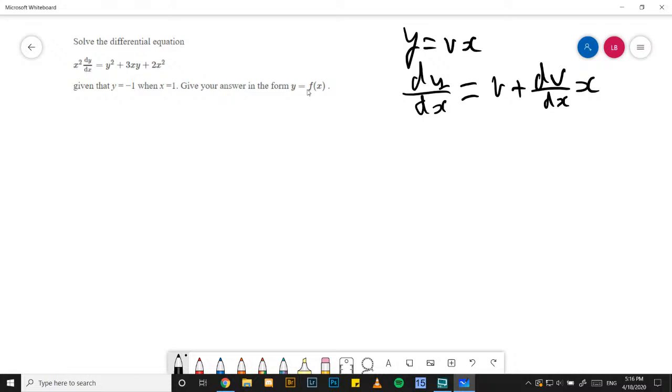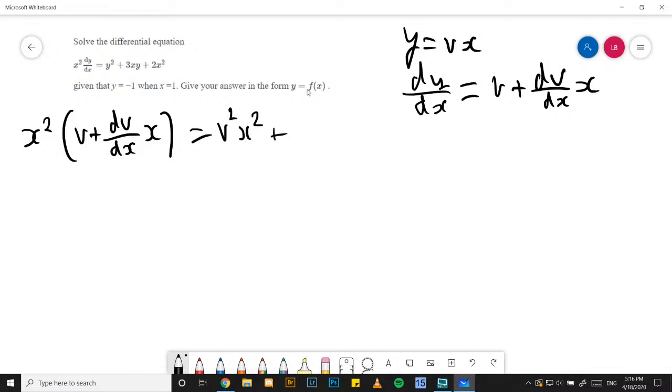And so let's plug everything in. So x squared times dy dx, so that's x squared times v plus dv dx x, is equal to y squared, which is now v squared x squared, plus 3xy, which is now vx times x times 3, so that's 3vx squared, plus 2x squared.